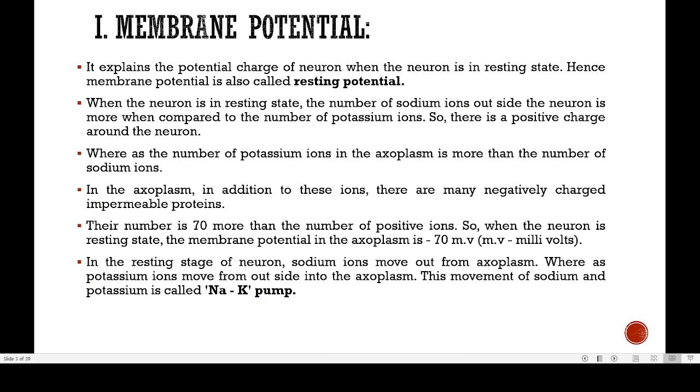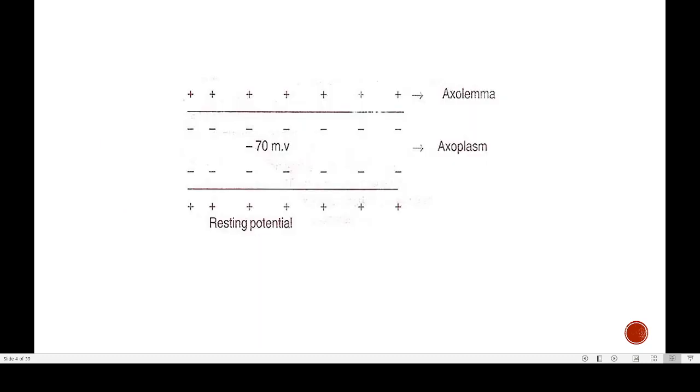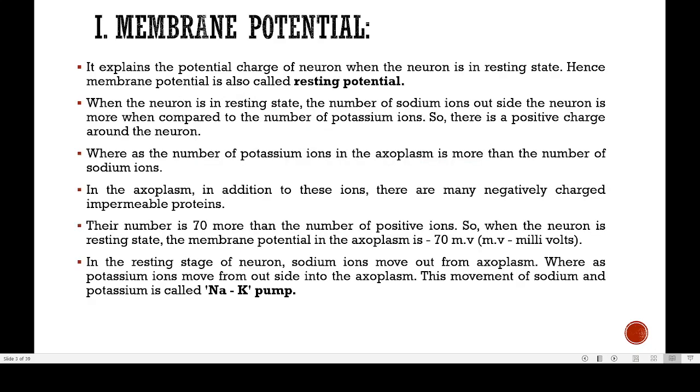Now, this is a normal neuron shown here, and what is shown is the electrical charge of the normal neuron. Usually the outer side of a neuron will be positively charged and the inner side will be negatively charged, and that means there will be an overall charge of minus 70 millivolt.